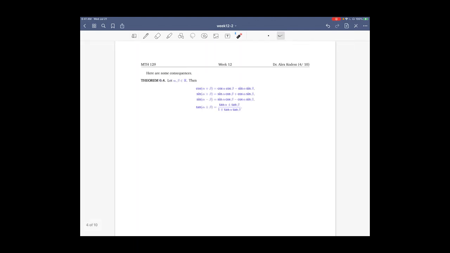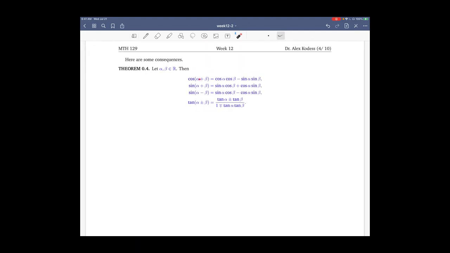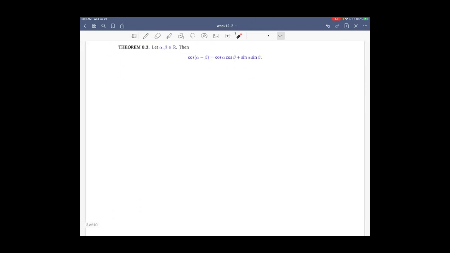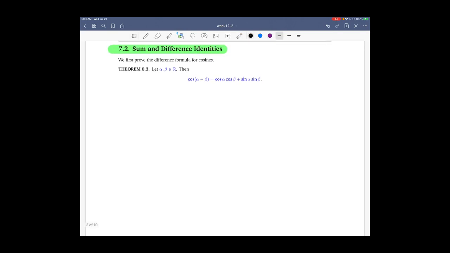From this one, we will derive cosine of the sum and sine of a difference, and tangent of sum and difference. So how do we derive this formula? Not surprisingly, we will derive it using the unit circle.